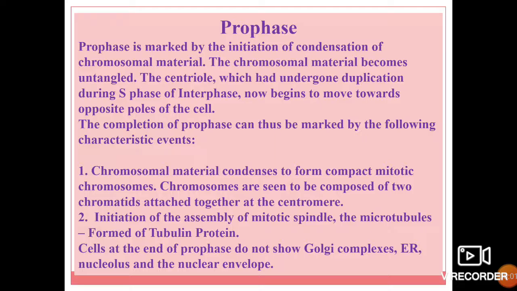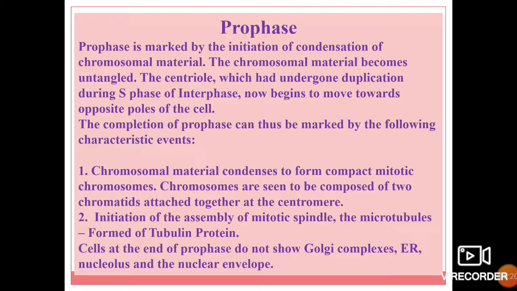Then by the mid prophase, they are further thickened and shortened, and we see that the centrosome has started to divide to form two centrioles on the upper pole of the nucleus, outside of the nucleus.